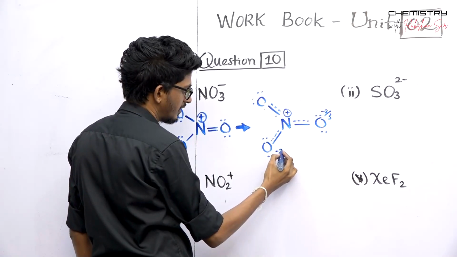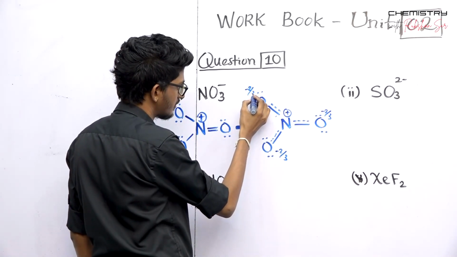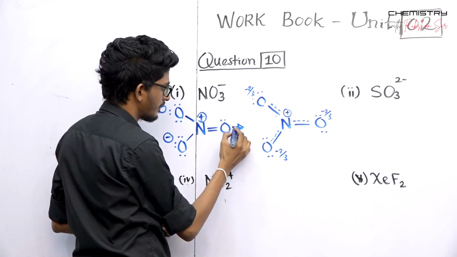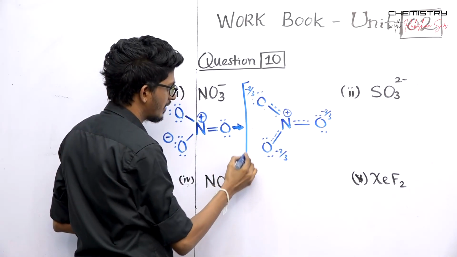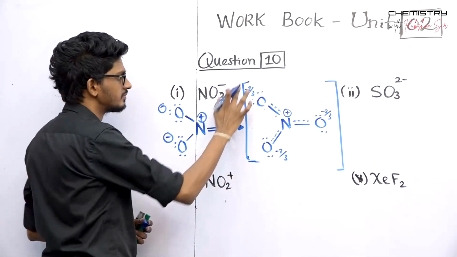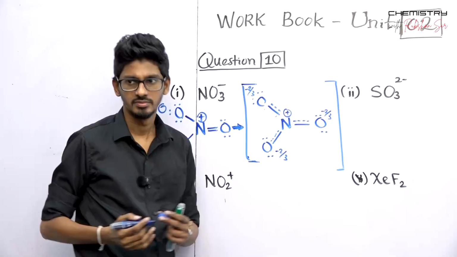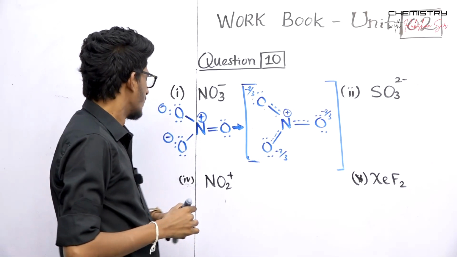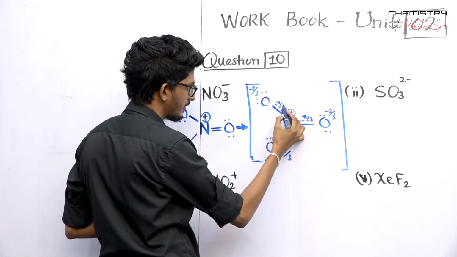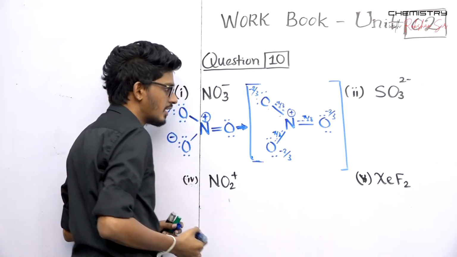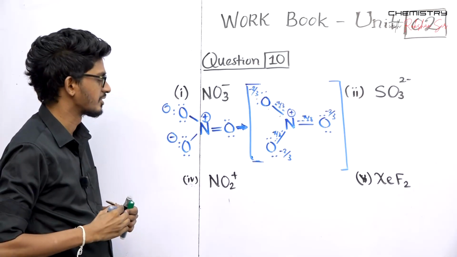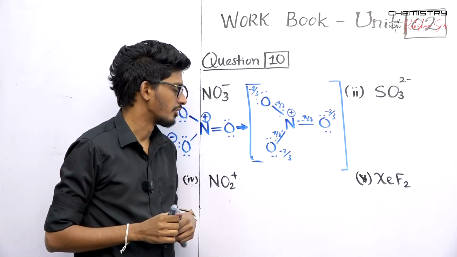So minus 2 over 3, that is the partial charge. So existing NO3 minus is this, represented by the resonance hybrid. Right now? So you have some 4/3 kind of bond order here. Right. First you have to come up with the existing species, the existing structure, to comment on the polarity.